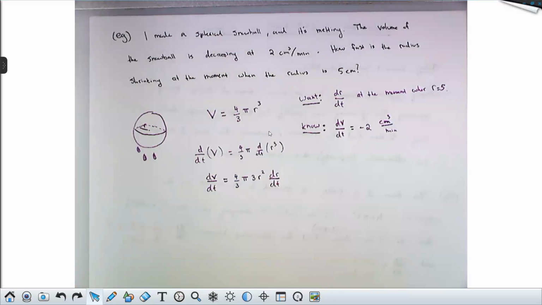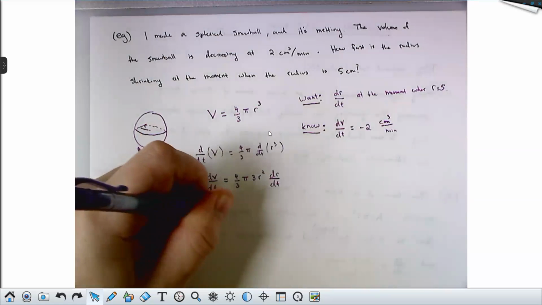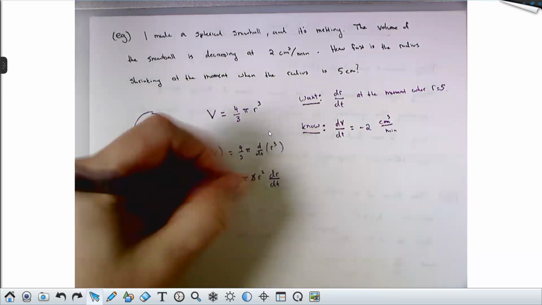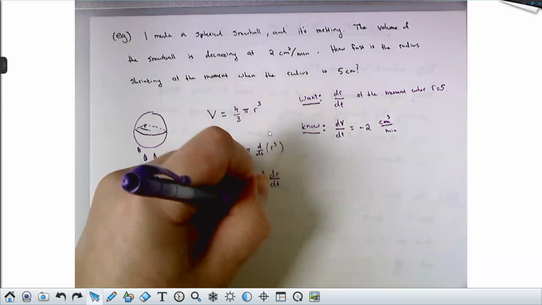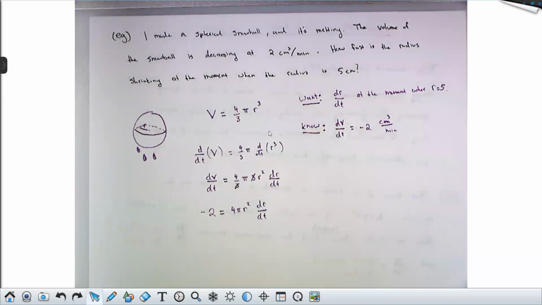And it's at this stage where we stop. We ask, what do I know? What do I want? I know that for all time, no matter when you look, dV dt is -2. And here I can cancel the 3's, and I get 4 pi r squared times dr dt.